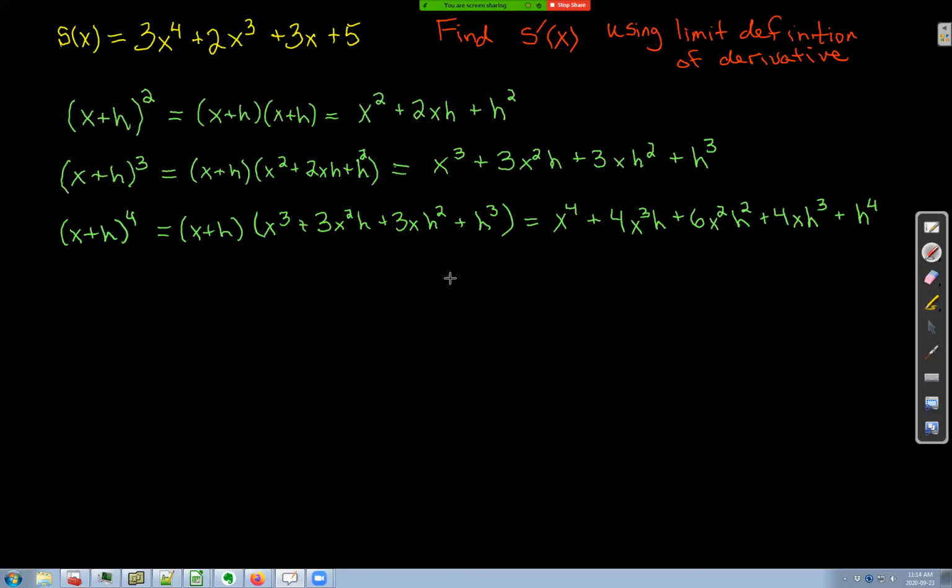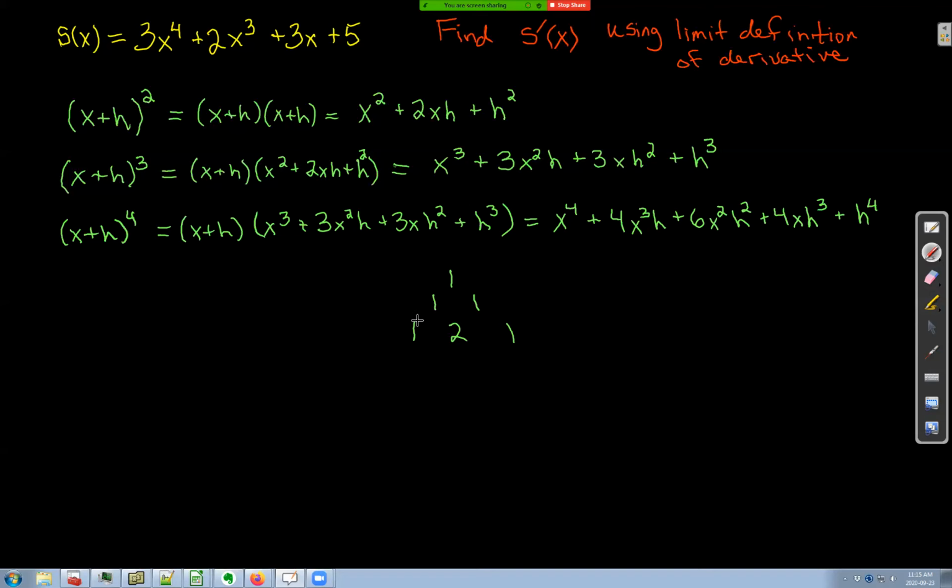There's this thing called Pascal's triangle. It has a 1, and then a 1 and a 1, and then a 1, a 2, and a 1. The idea is the number that goes here is the sum of the two numbers above it.